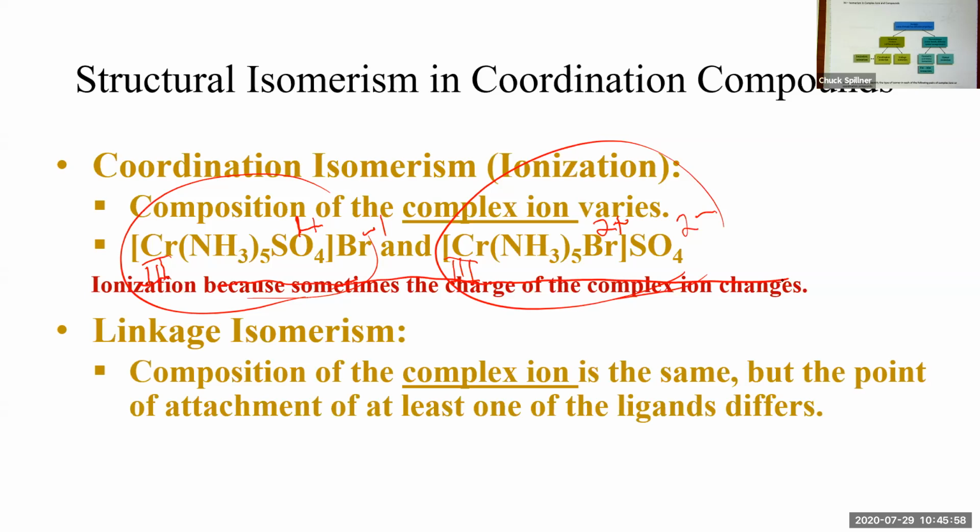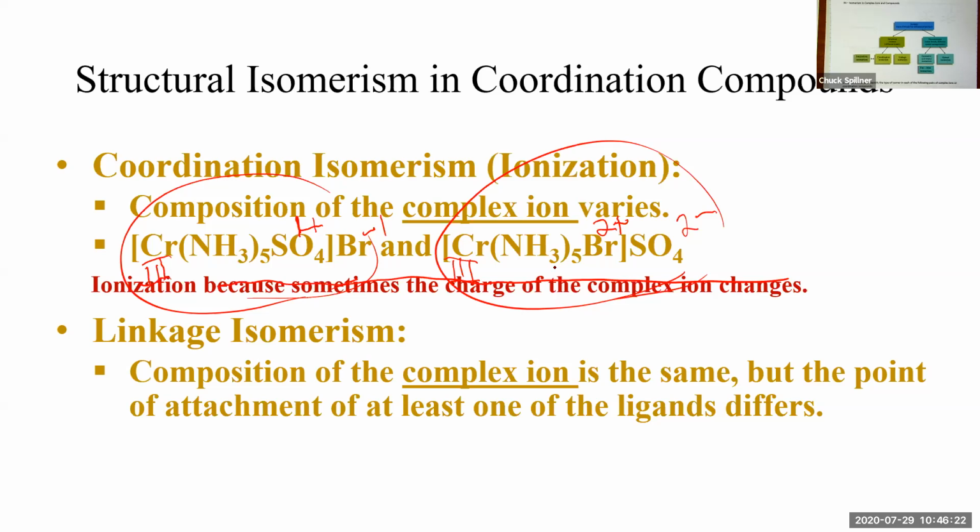So it's called an ionization isomerism because in solution, the ions actually have changed. On the left side, you have a complex ion with a +1 charge and a bromide ion. On the right side, when you put it in solution, you get a 2+ complex ion and a 2- counter ion. I don't know if I have any more examples of those.